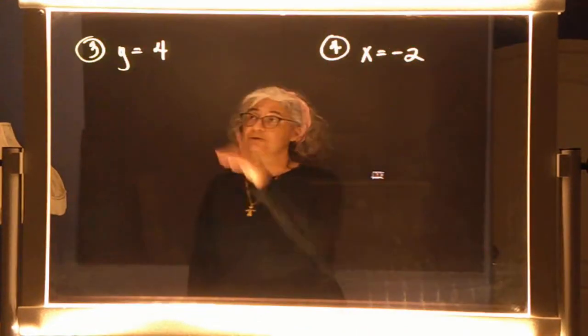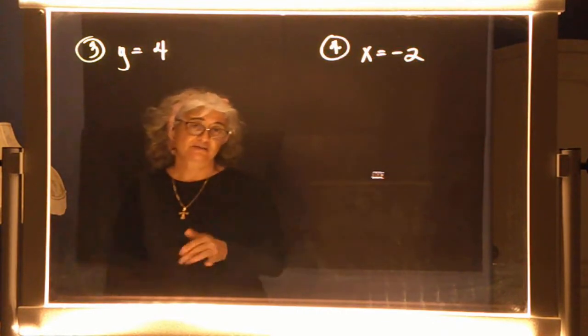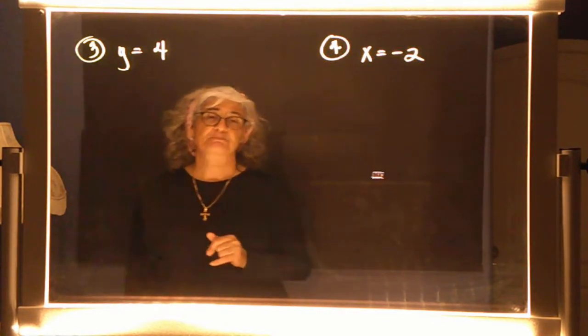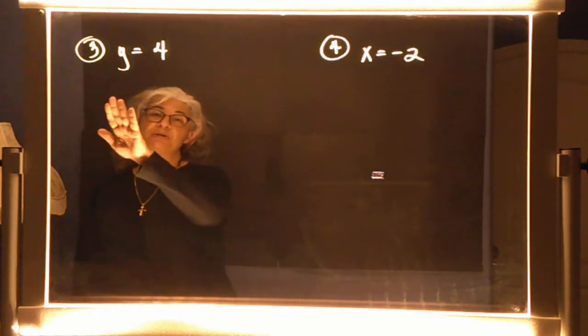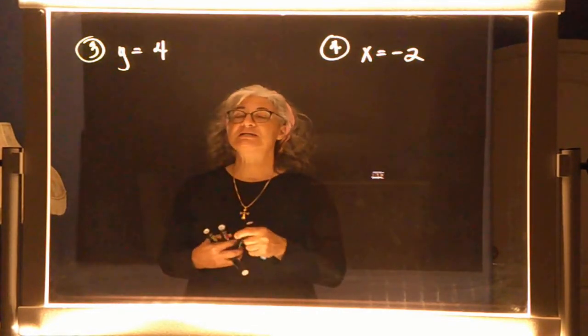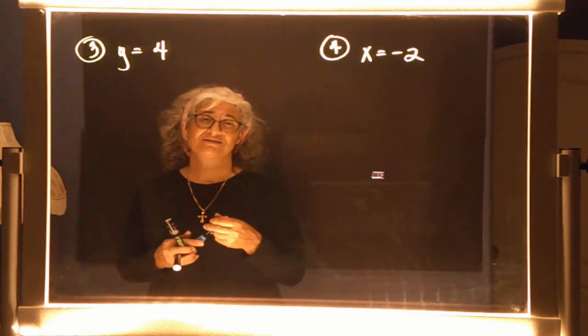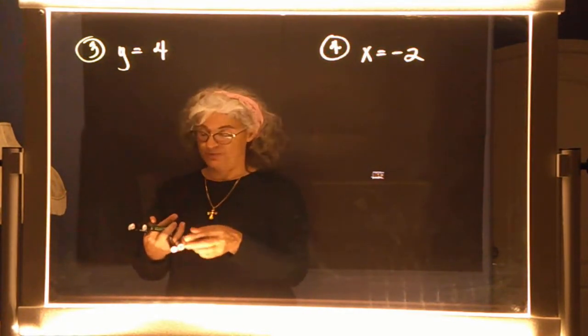Cool? Okay, got a couple more examples. Okay, so let's look at problem number 3. We want to graph it, but I also want us to find the slope and the y-intercept. Got it? Okay, so in problem number 3, do you see an x? Neither do I. So since there are no x's, what do you think that coefficient of x is? Yeah, that coefficient would be a 0.